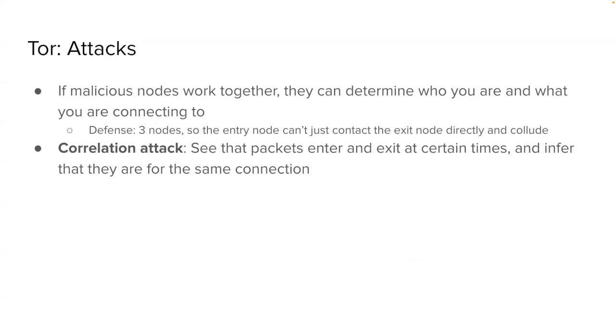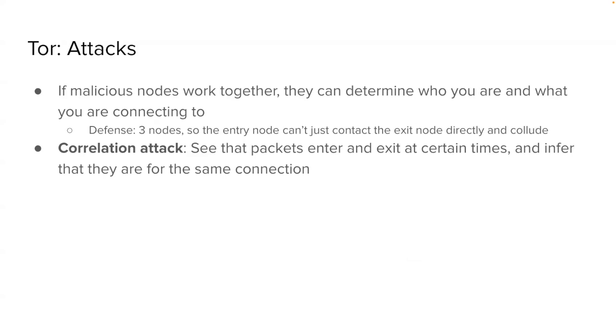If you see that packets enter and exit at certain times, you can still infer that they belong to the same connection. Let's say you are the only user talking to Tor, and at that time Tor is sending a message to google.com, then it's highly likely you two are in the same connection.